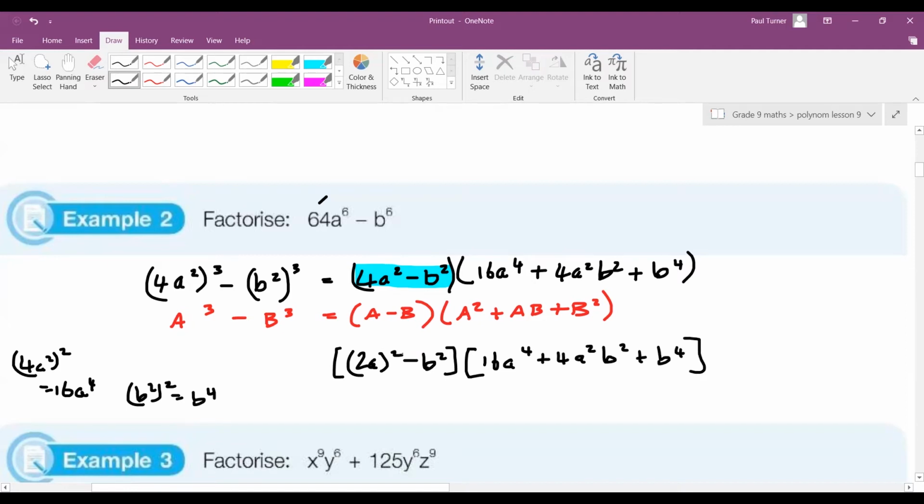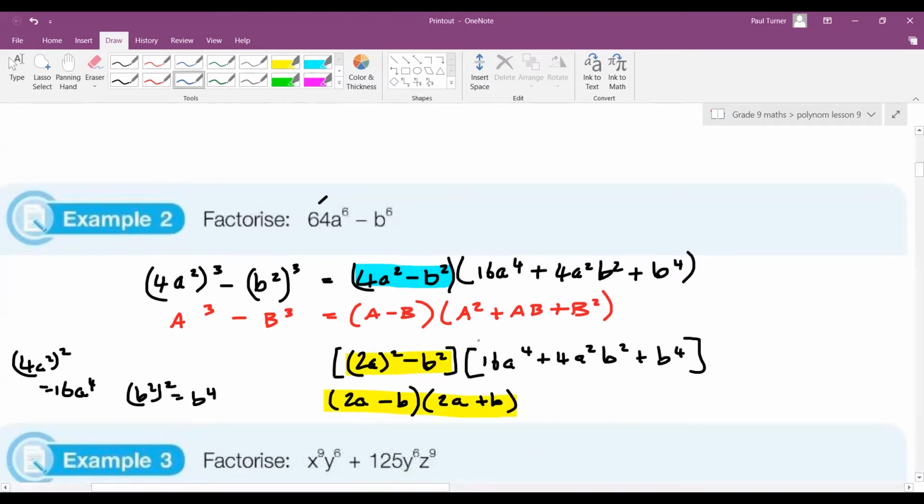So this is a difference of squares. So now you have the rule a squared minus b squared is a minus b, a plus b, like that for this first bit. So this is written again here as a difference of squares.